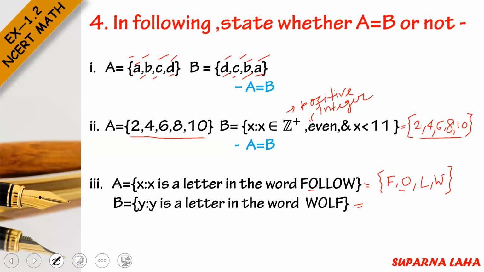So write down its letters: W, O, L, F. Now look at that. F is present here, O present here, L present here, W present here. And all of these elements are present in set A. So we can say the sets are equal, that is A equals B.